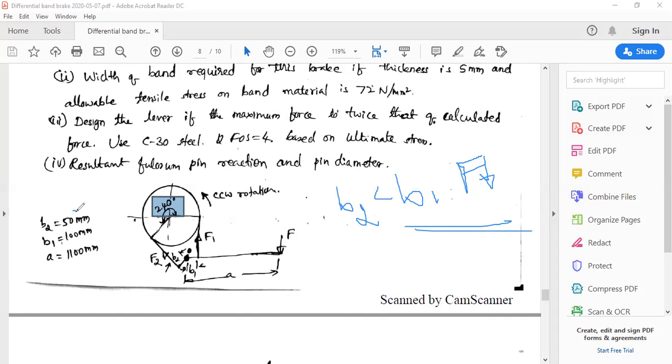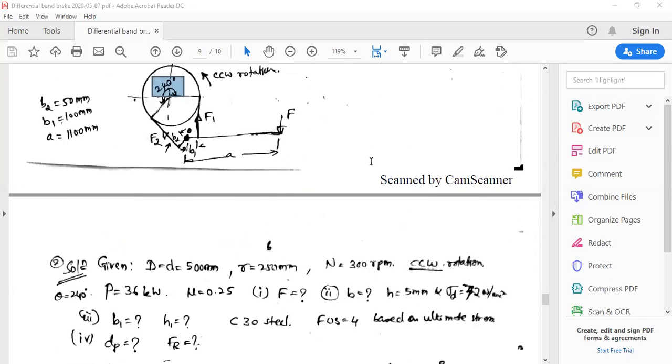B2 is 50 mm, B1 is 100, and A is 1100 mm, that is the distance between the line of action of F and the fulcrum point. The drum is rotating in the clockwise direction, hence this becomes the tight side with force F1, and this will be the slack side with force F2. With this information we proceed with the calculation.